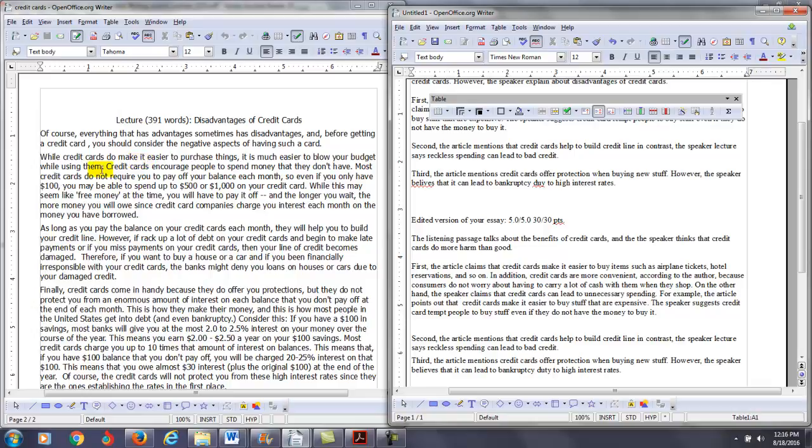So it's saying here it makes it easier to purchase things, but it's easier to blow your budget while using them. See, that's the key idea you're not really getting. That's the idea. I think you probably want to mention that right away up here.